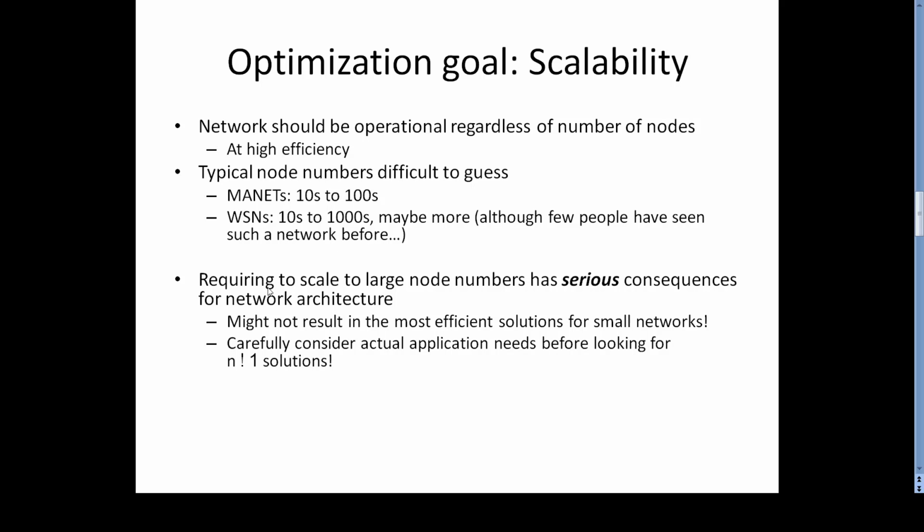Requiring scaling to large node numbers has a serious consequence for network architecture. It might not result in the most efficient solutions for small networks. So we should carefully consider actual application needs, and then deploy the number of nodes.